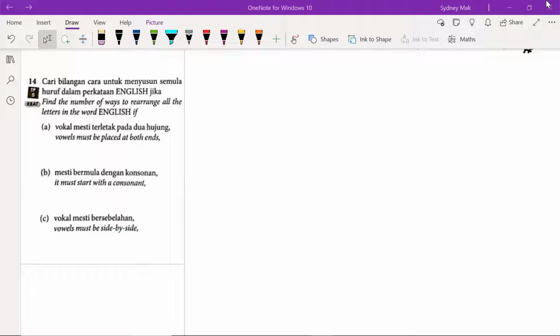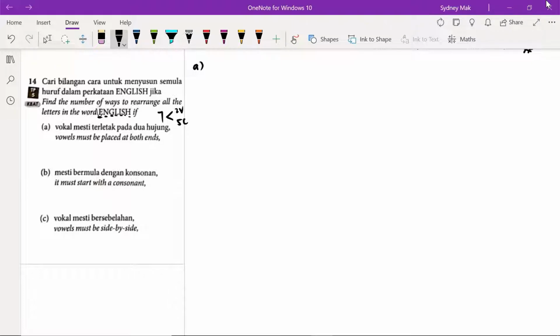So let's look at A. The vowels must be placed at both ends. So how many letters are there? 1, 2, 3, 4, 5, 6, 7. There are 7 letters. Out of these 7 letters, we have E and I, 2 vowels, and 5 consonants.